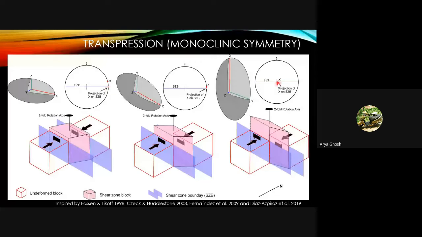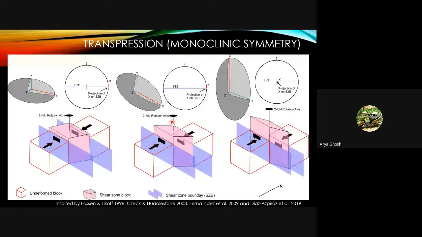That's what Sanderson and Marchini have said. So either we'll have stretching lineation in a horizontal direction on the shear plane, or it will be vertical. This is the Sanderson and Marchini case. But here also, if we fit a two-fold rotational axis in the shear zone block, it will still give a monoclinic symmetry, because these angles still remain 90 degrees. So if we rotate in a two-fold way, it will repeat itself. So we will get a two-fold rotational symmetry, a monoclinic one.